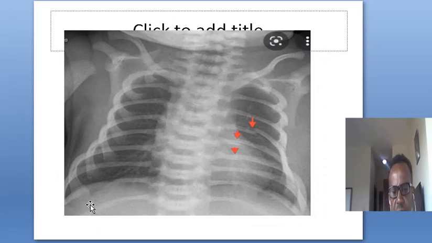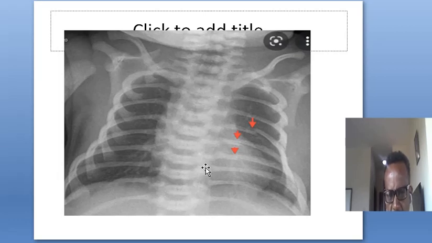The other important surgical pathology of the chest is rib fracture. One should also look at the bones. If you can see here, there are fractures of the ribs. Actually, this is very penetrated, and if you don't look specifically and carefully, you may miss a rib fracture, especially on the lateral side.